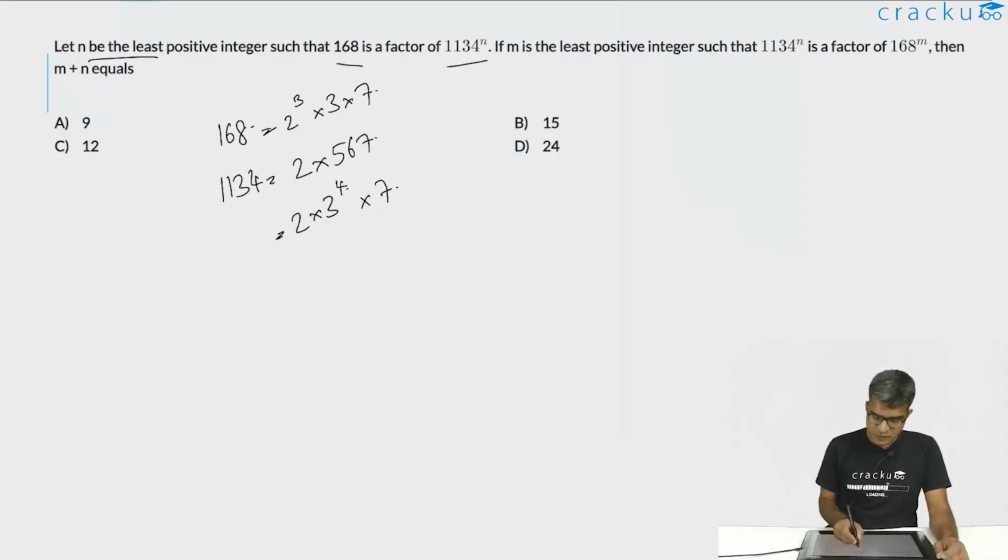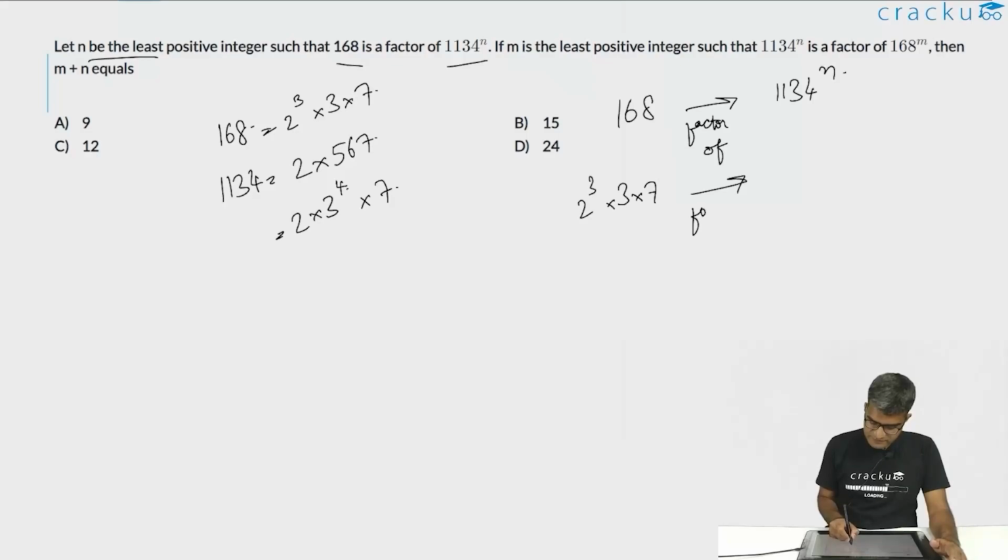What we are told is that 168 is a factor of 1134 to the power n, or 2 cube into 3 into 7 is a factor of 2 to the power n into 3 to the power 4n into 7 to the power n.